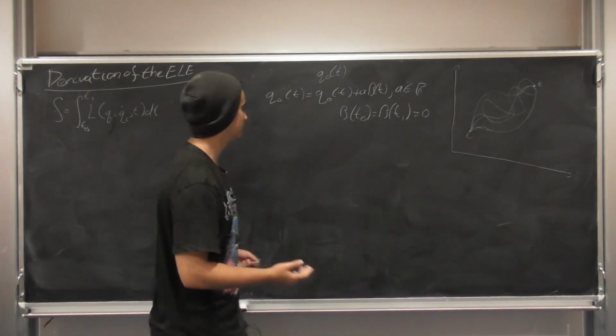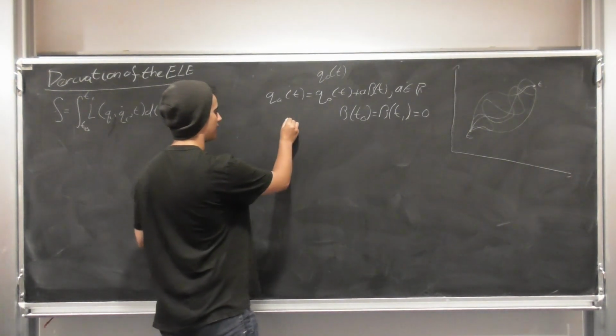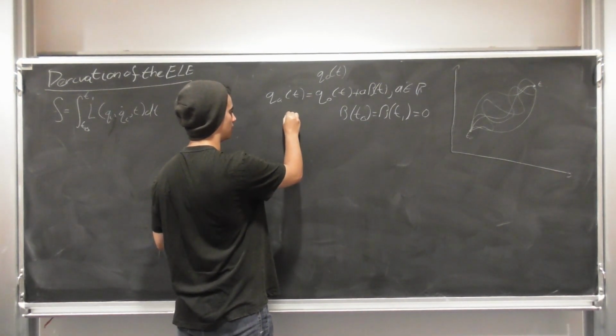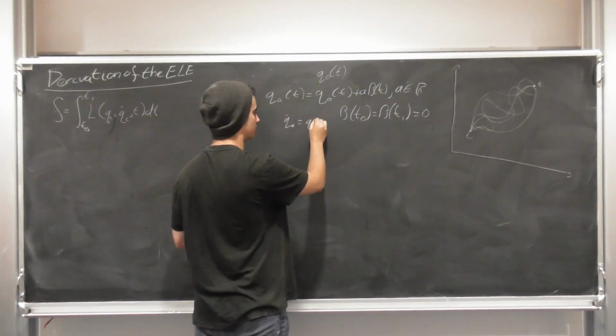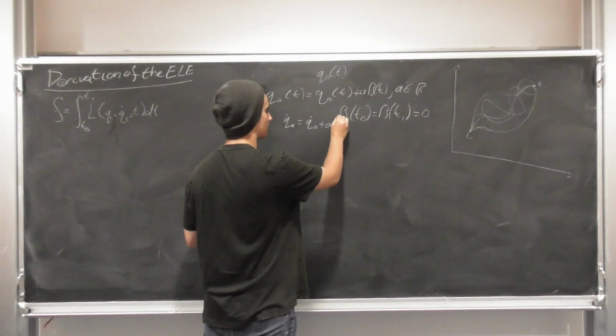Okay, so now that we have this, let's also take the time derivative. So we'll say that q sub a dot is equal to q sub naught dot plus a times beta dot.